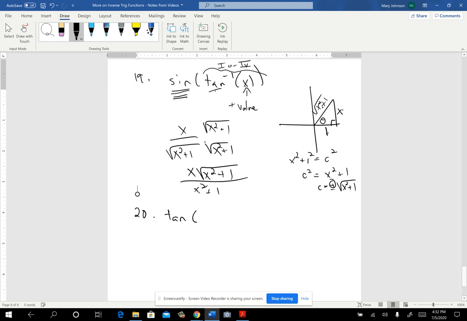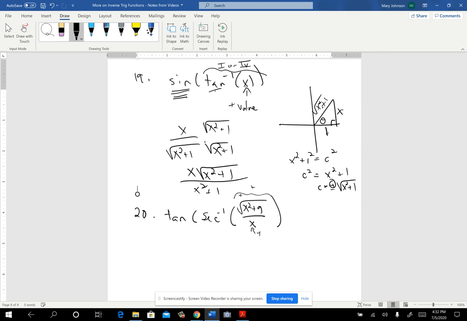All right, so the last one is tan of the secant inverse of the square root of x squared plus 9 over x. Let's think about that. This is positive, and that's positive.